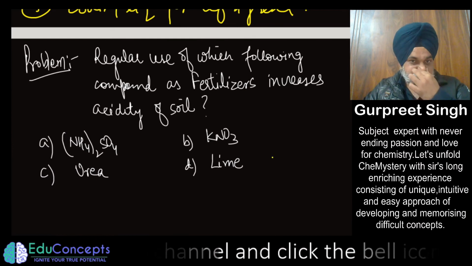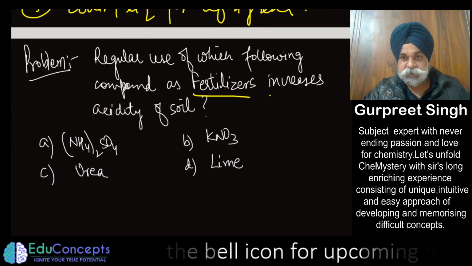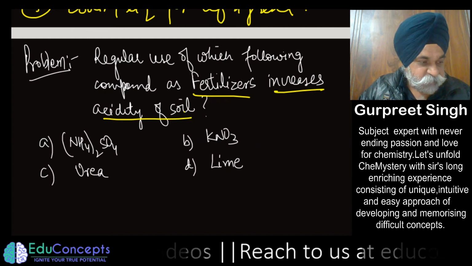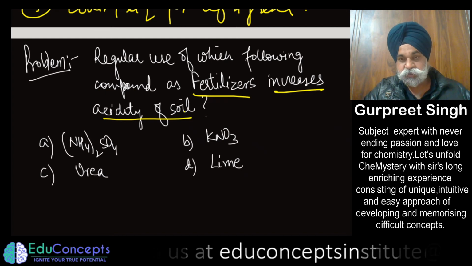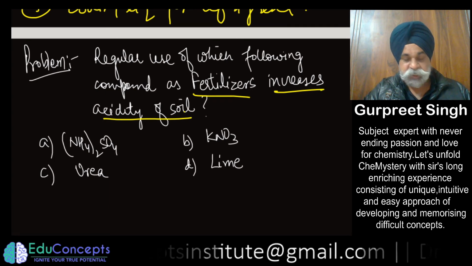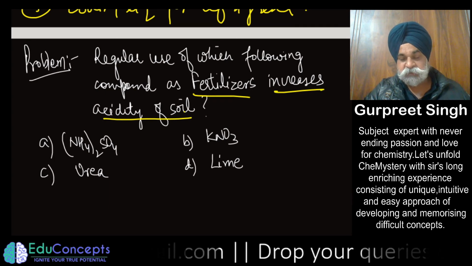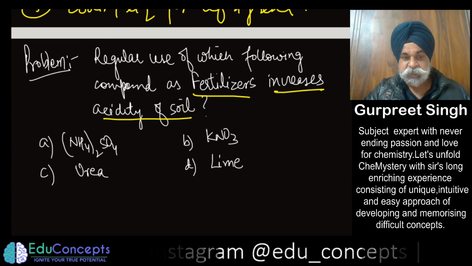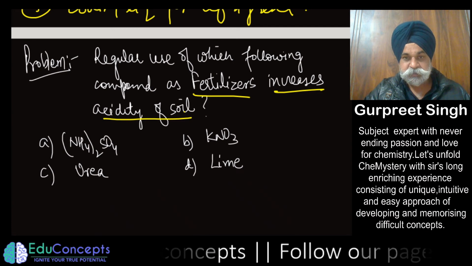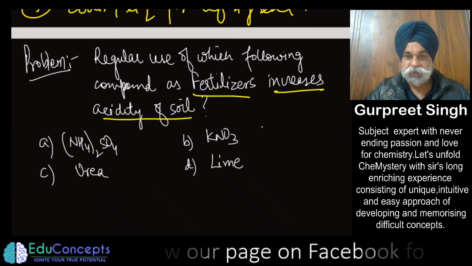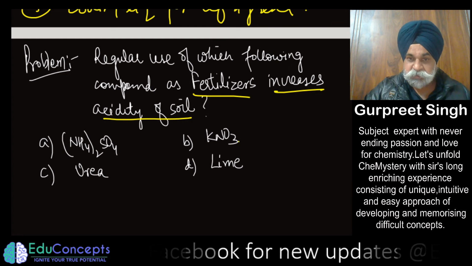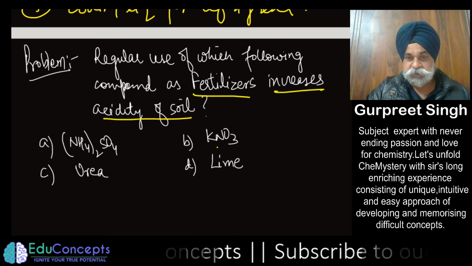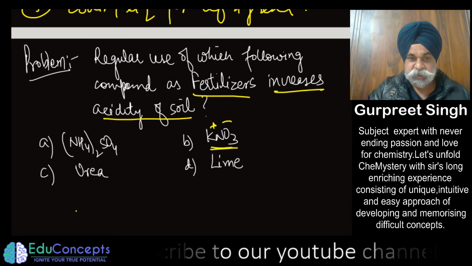Regular use of which of the following compounds as fertilizers increases the acidity of soil? Ammonia derivatives or ammonium salts are majorly used as fertilizers. We need to see which of these would increase the acidity of the soil. This one is a neutral salt, K positive, NO3 negative.